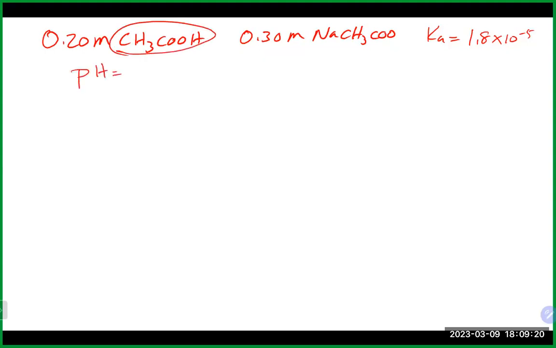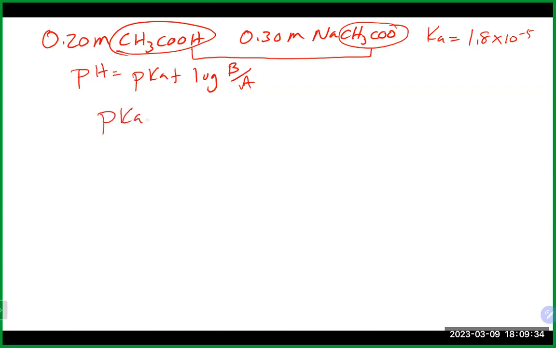We know that this guy and this guy are related to each other. So that gives us our common ion. And we will do our pKa plus the log of the base over the acid. Our pKa value here would be minus the log of the Ka, which is minus the log of 1.8 times 10 to the minus 5.